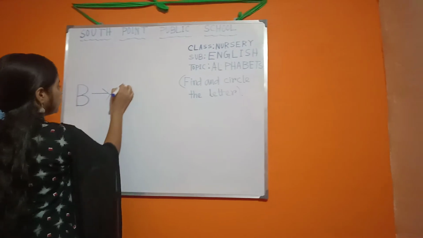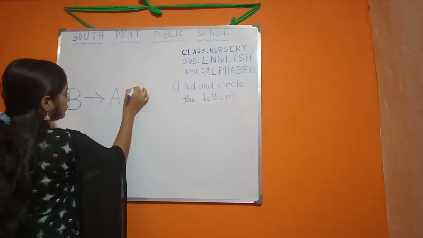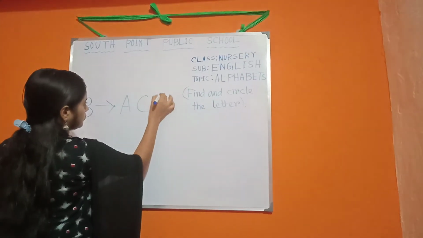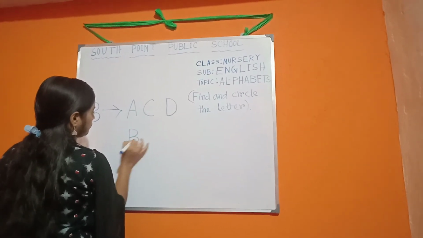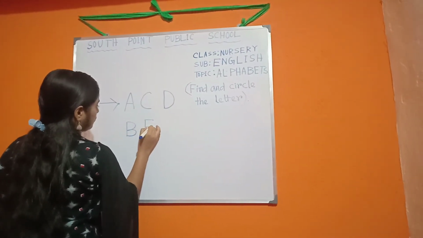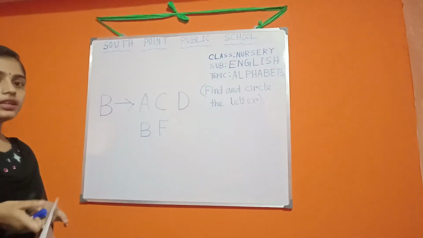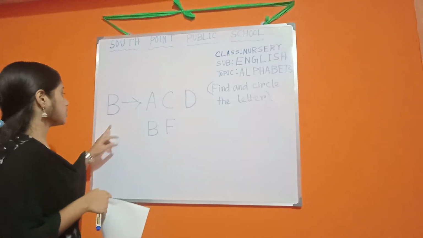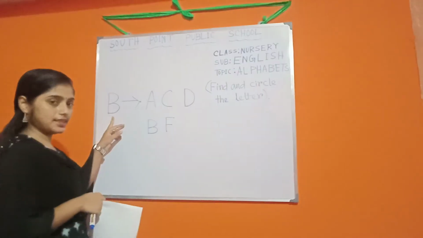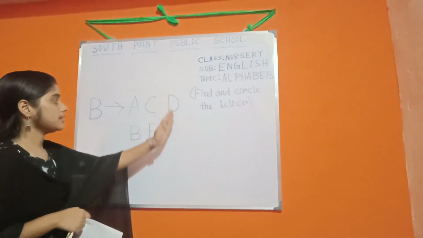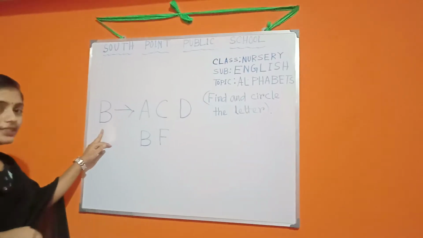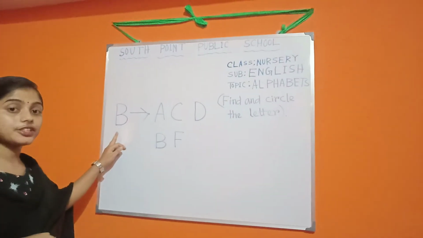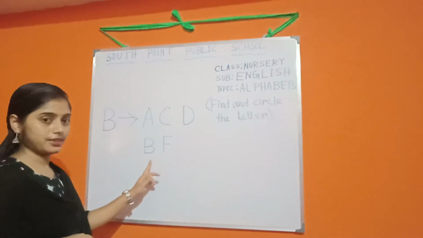Look at the board. You have to find out this letter from these letters. Okay? Which letter is this? This is B. You have to find out B. Okay?